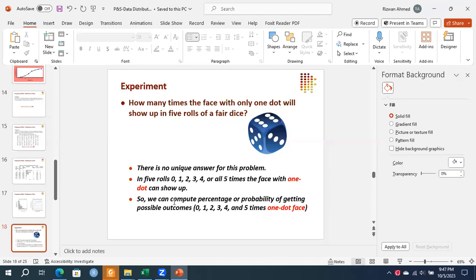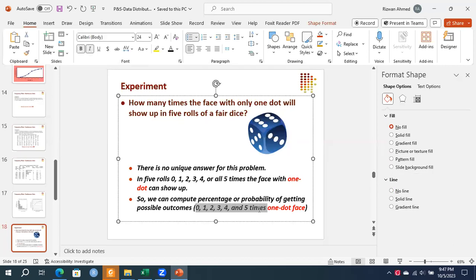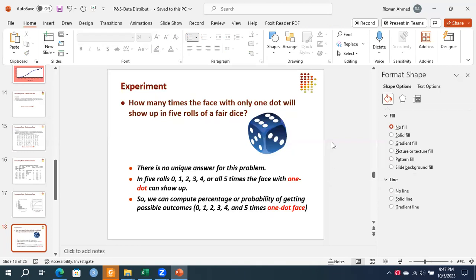So we can compute percentage or probability of getting possible outcomes like 0, 1, 2, 3, 4, and 5 times one dot face appearing. So we have to compute the probability or percentage of all possible outcomes in many experiments.